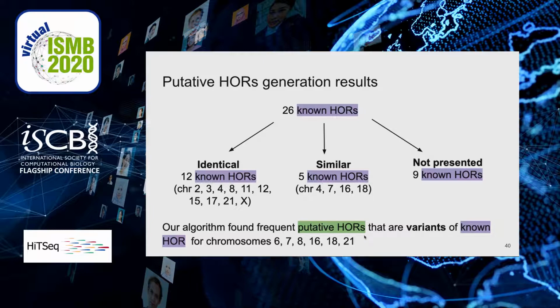Some putative HRs have very high abundance in reads and represent variants of known HRs. They have additional monomers in comparison to known HRs, or monomers not in straight order, which tells us a lot about the heterogeneity nature of centromeres in corresponding chromosomes.